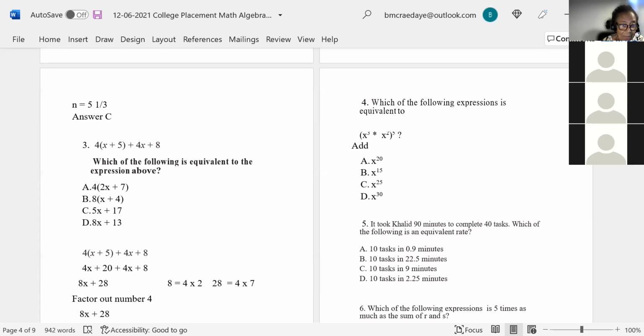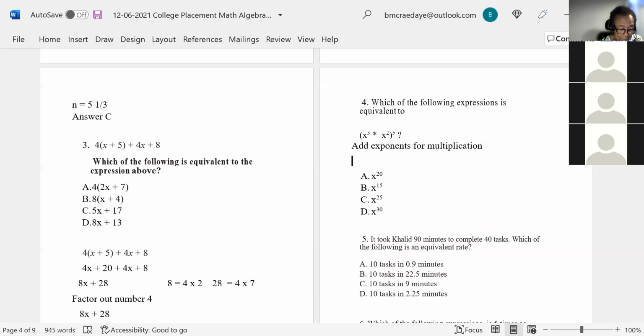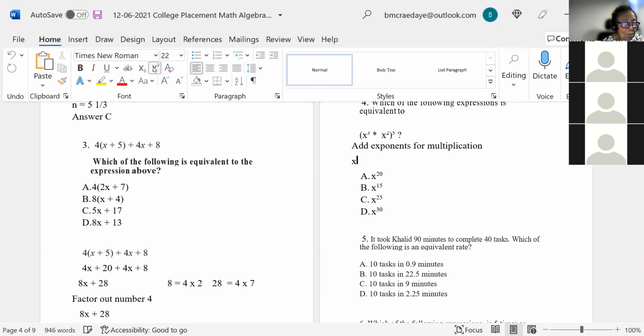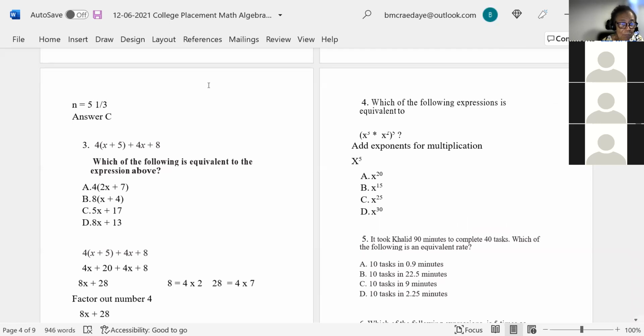So you add the exponents for multiplication. What Vanessa did, she added 3 and 2 and got x to the 5th, right? And this whole thing is to the 5th power.